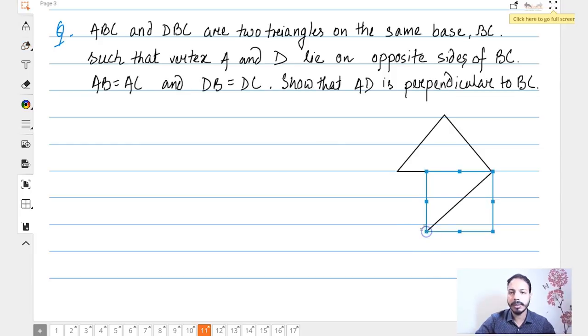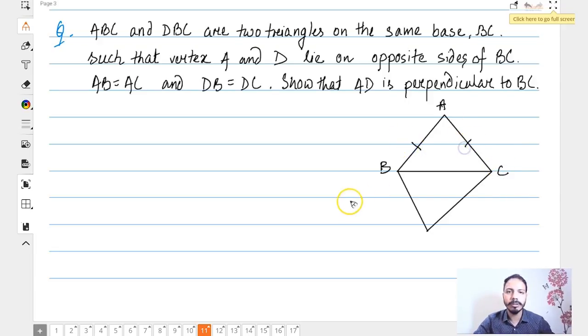Say I have a triangle something like this. Now it is said that AB is equal to AC, this side is equal to this side. And it is also said that DB is equal to DC.